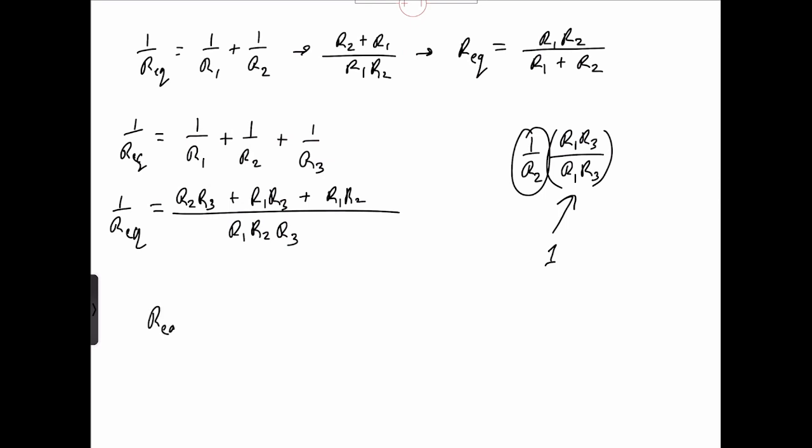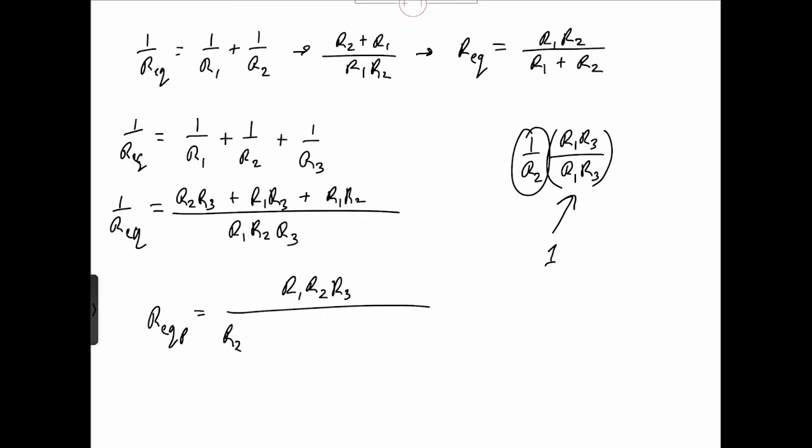So R equivalent for the parallel combination, we get the common denominator moved to the top. How we write the sum of the multiplications between each resistor is that we bring this down 3 times. We sum this 3 times while omitting R1, R2, and R3.